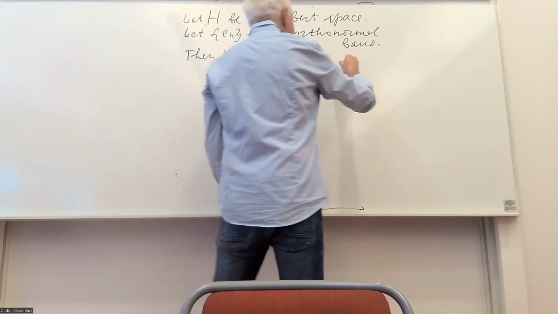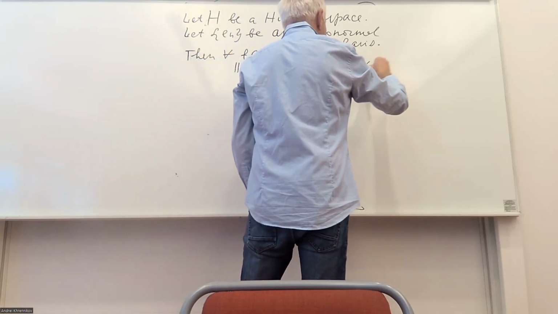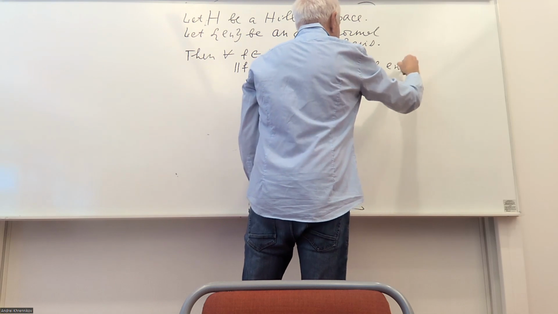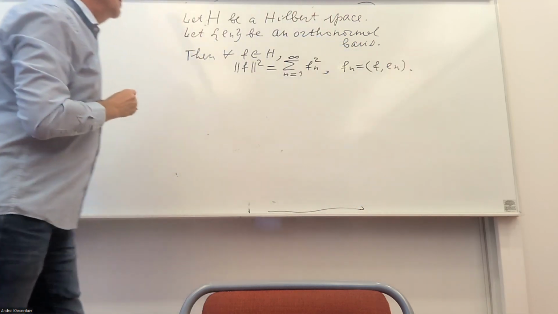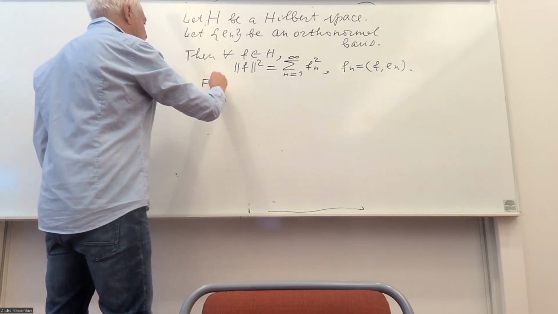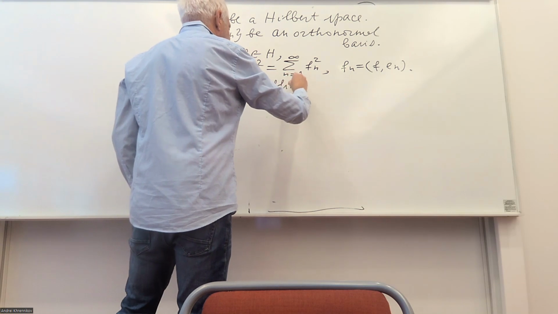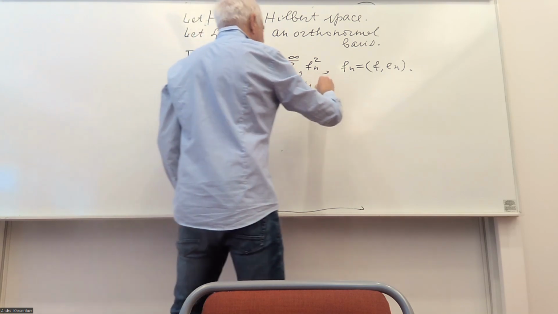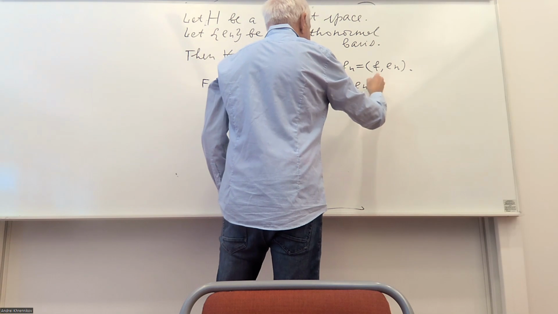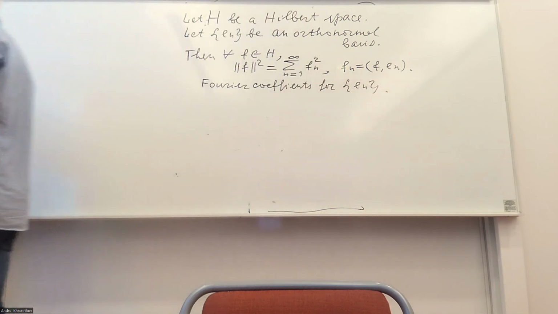These Fourier coefficients can be calculated as F(En). They are Fourier coefficients for this basis En. The same function can be expanded with respect to different bases, and of course in each basis you have your own Fourier coefficients.